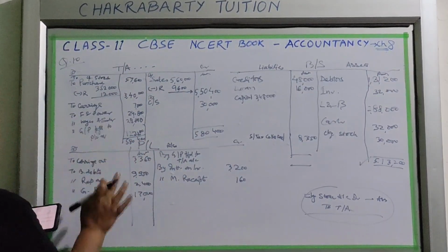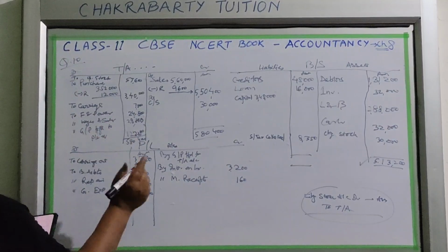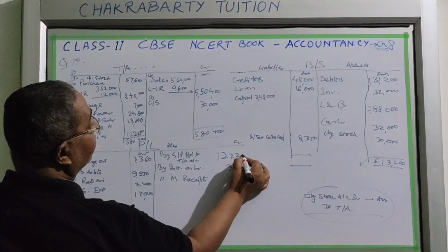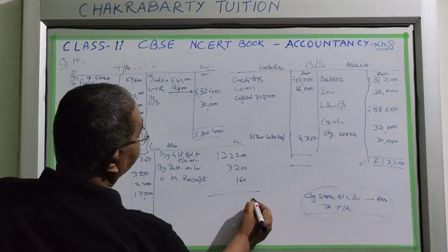Okay, so GP is coming 1,22,200. So we will write here 1,22,200. This side we will make a total.